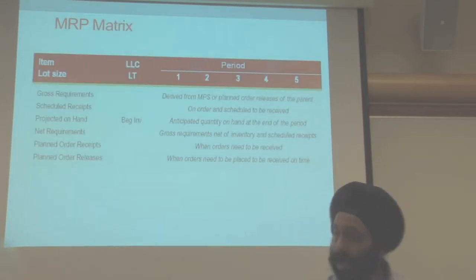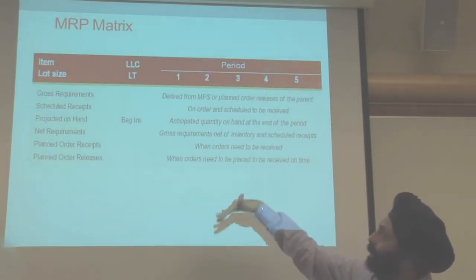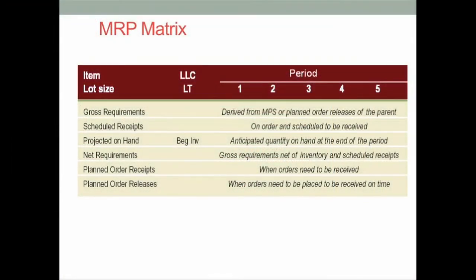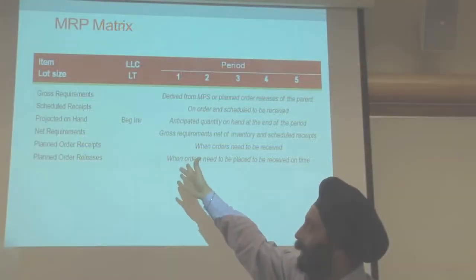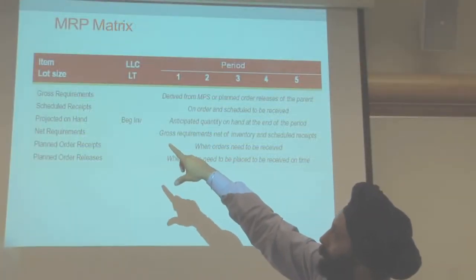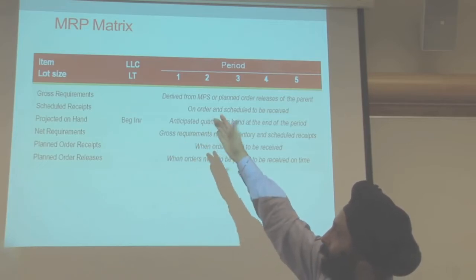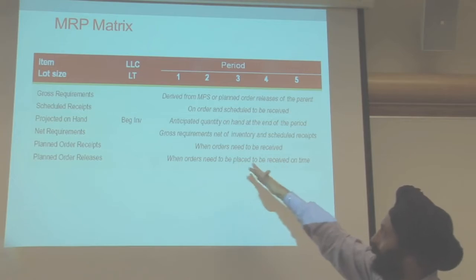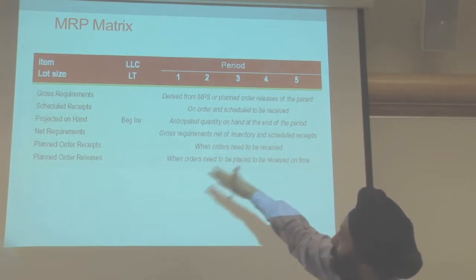So in this particular case, you have the MRP matrix. This is how typically items will be listed in an MRP chart, where is item number, what is the lot size, lower level code is indicated, lead time from the supplier or assembly lead time, and then over a certain period that is being planned.